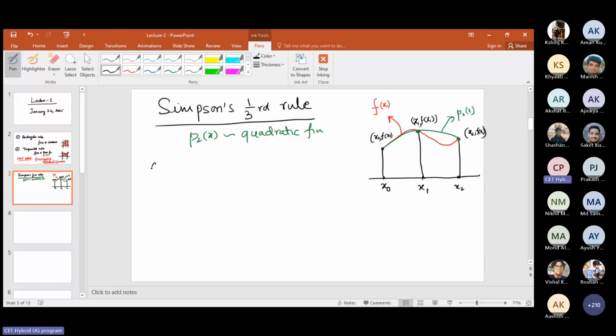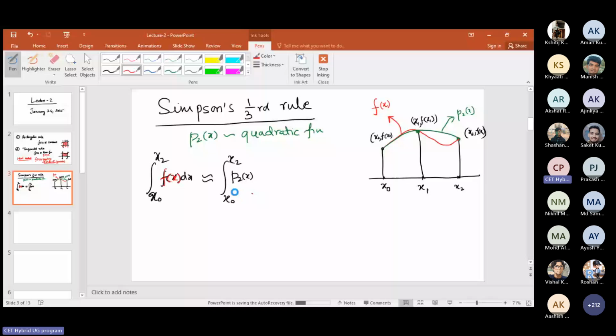But when we have to integrate from x0 to x2 the integral f(x) dx, we approximately replace this function f(x) by the polynomial p2(x). That means the red color function is being replaced by the green color polynomial curve.